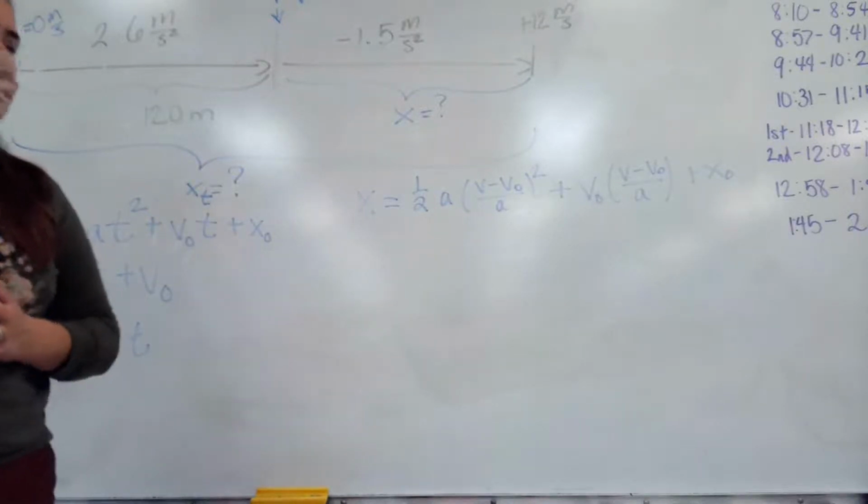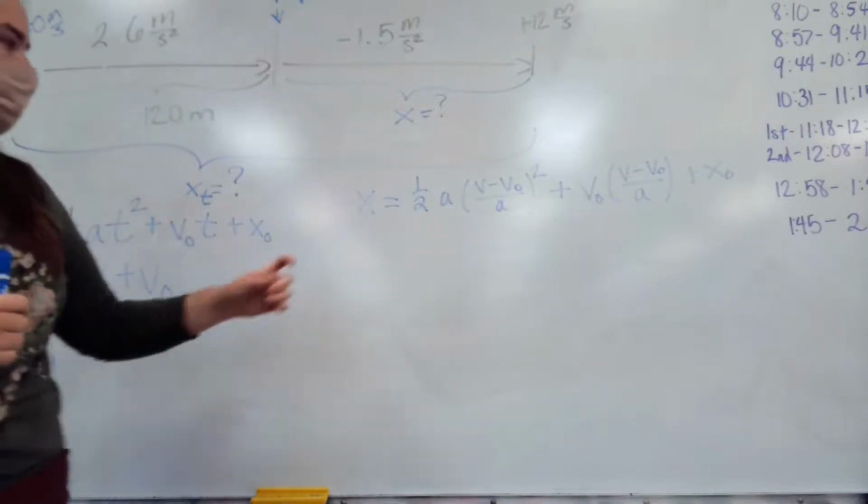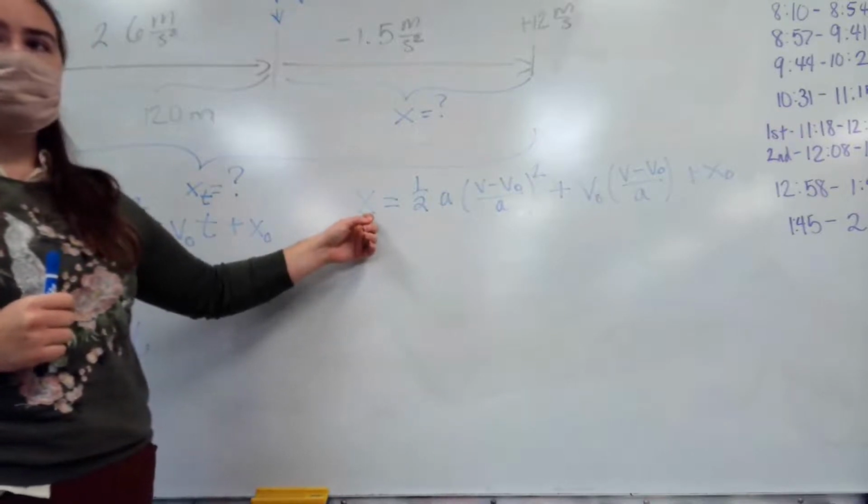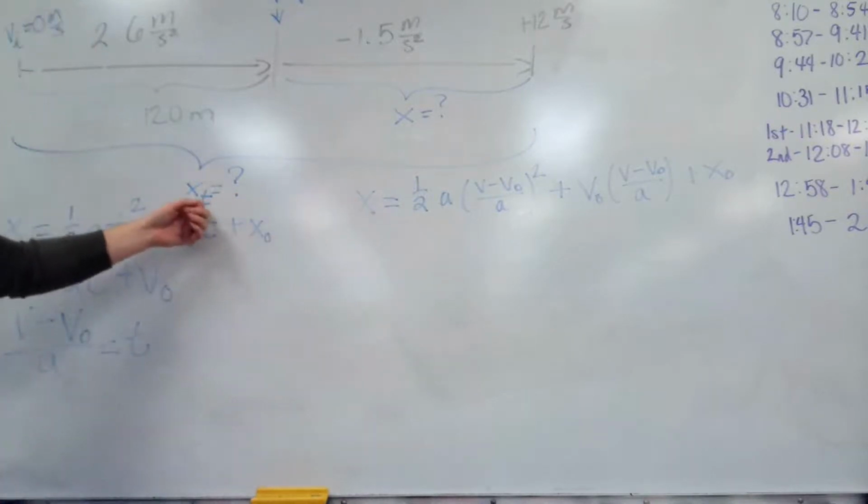We can actually do this in such a way that this x is going to be this. How do you think we can do that? What term allows us to do that, do you think?